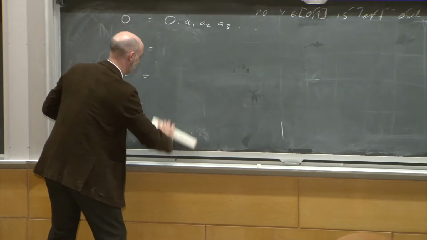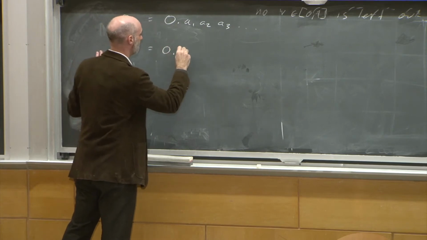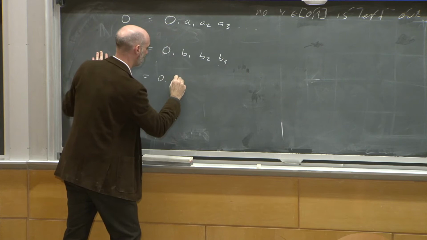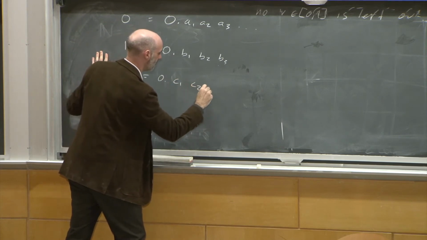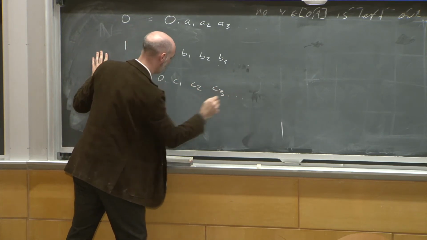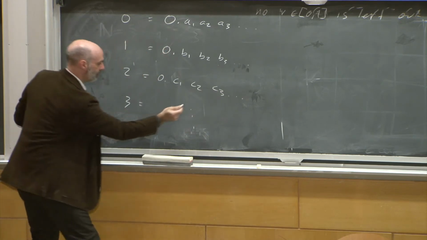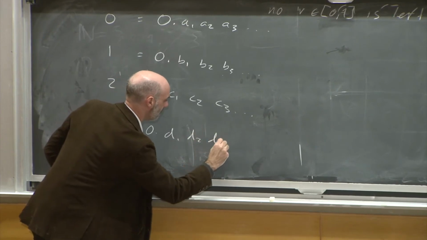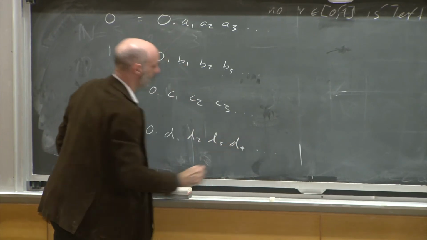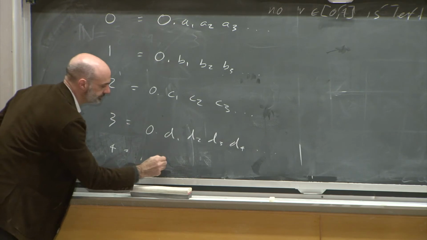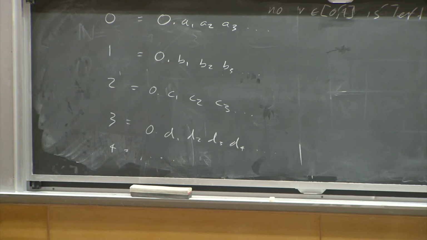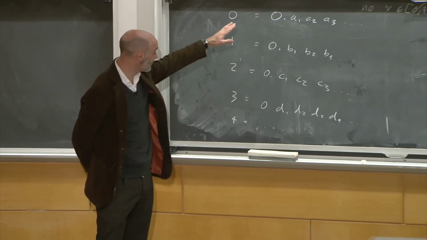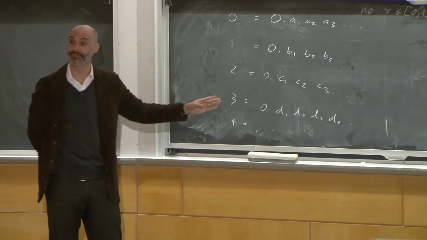So I'm going to do it for each of them. I'll write one more. OK. So we have our list. And everyone in the interval is somewhere on that list.